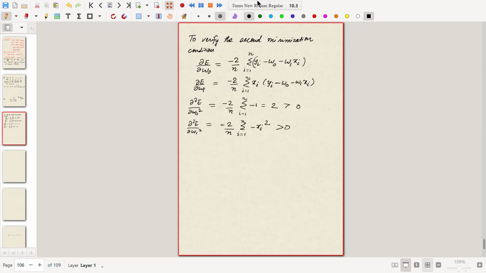What else do we have to find? Can you tell what next remains? Can you say what this quantity is?